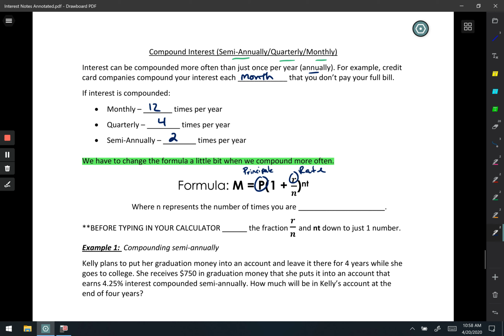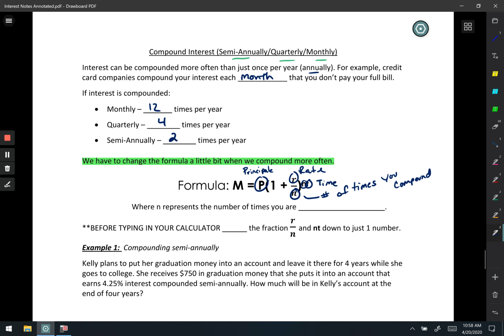T is the time. N is going to equal the number of times compounded. N is going to be seen twice, so it's in 2 spots.